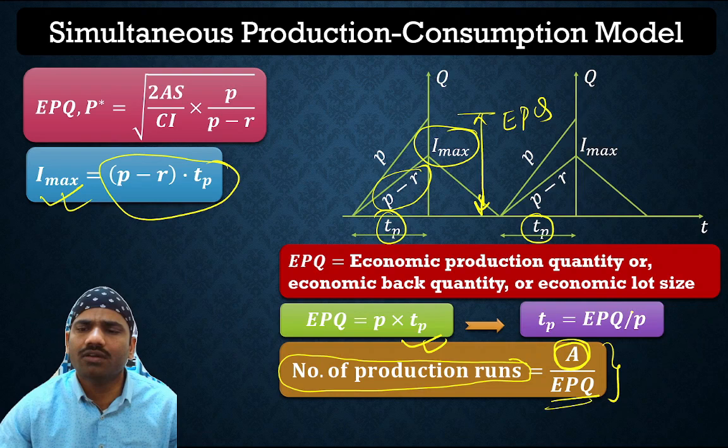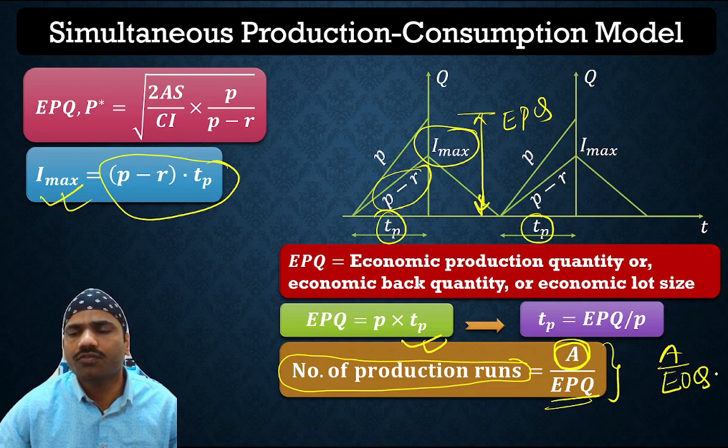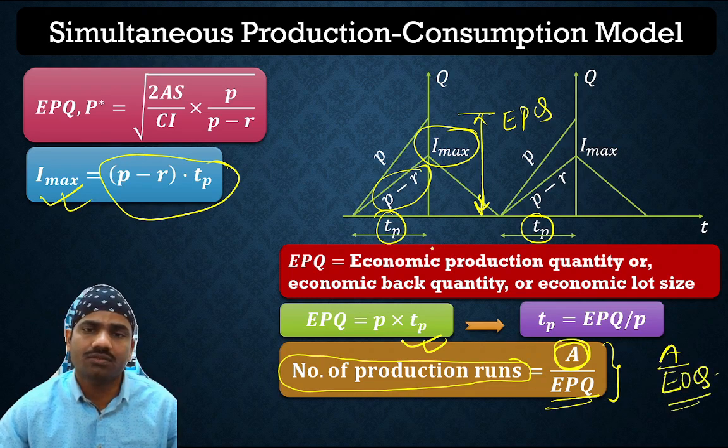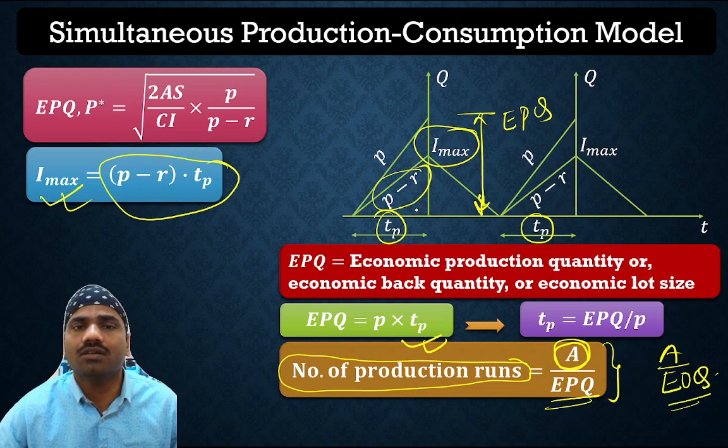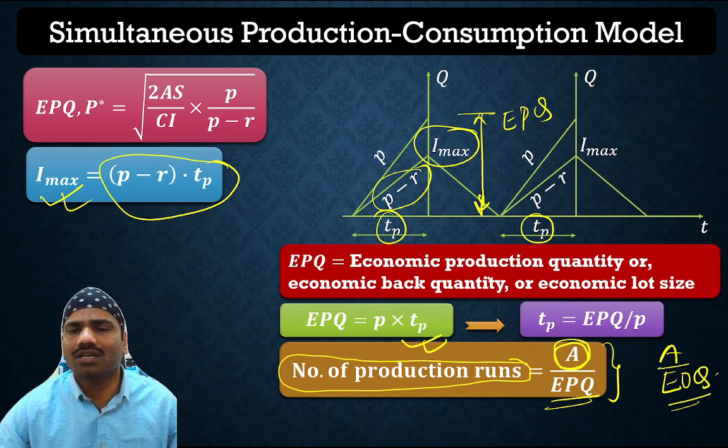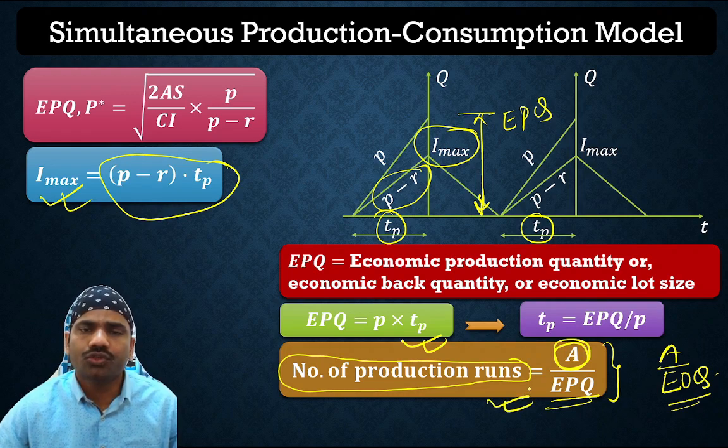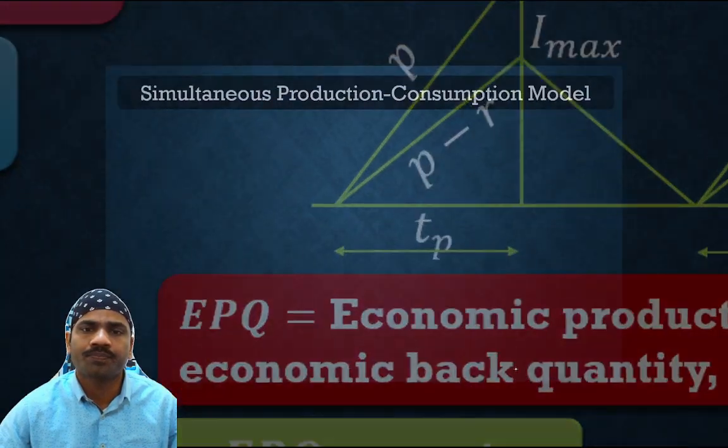Like in the earlier model we found the number of orders as A by EOQ, in the same way we can find the number of production runs, because we are producing on our own. We have to run the setup, and the number of times we have to run it is A by EPQ. This formula gives the number of production runs we have to make so that we can have complete supply of the demand A.